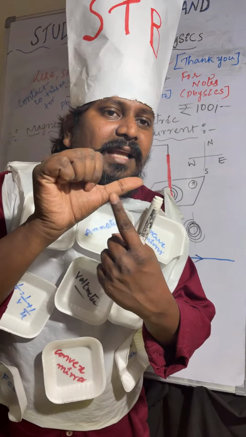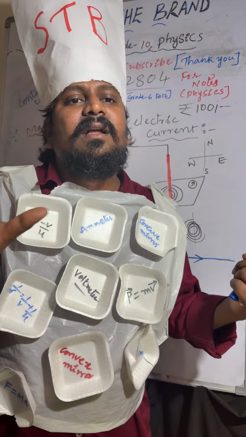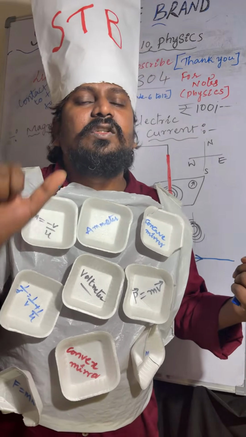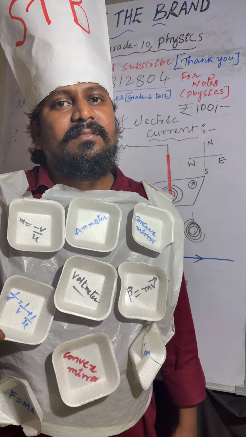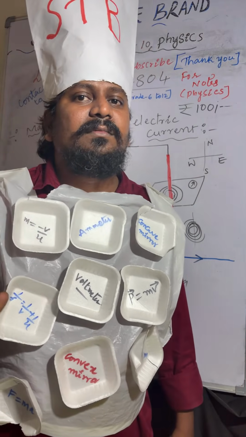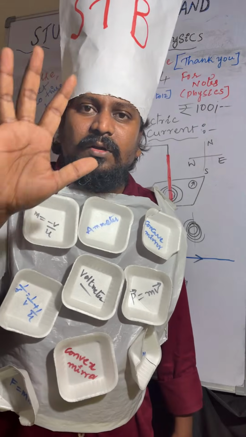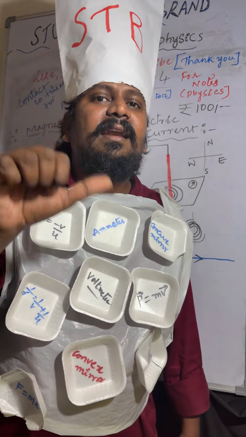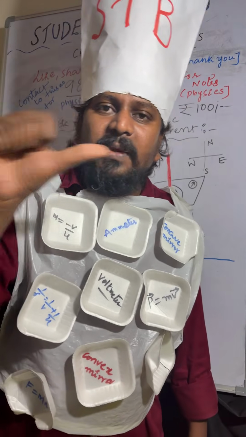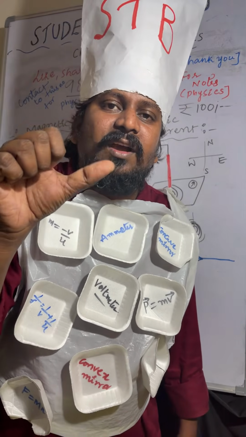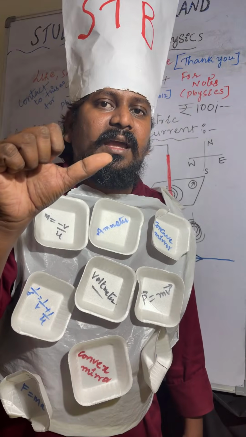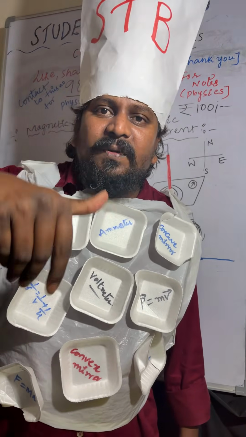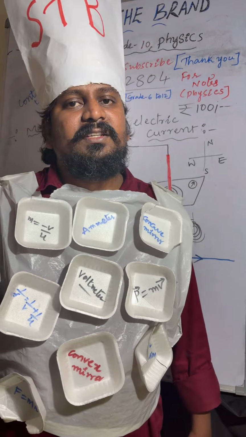So the thumb shows the current direction, and the curly fingers show the magnetic field direction. Right hand thumb rule. So this is my right hand, this is the thumb. That's my right hand thumb rule. You place the thumb along the current direction, and the curly, folding, wrapping fingers show the magnetic field direction.